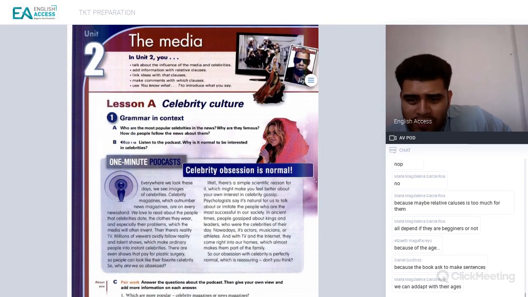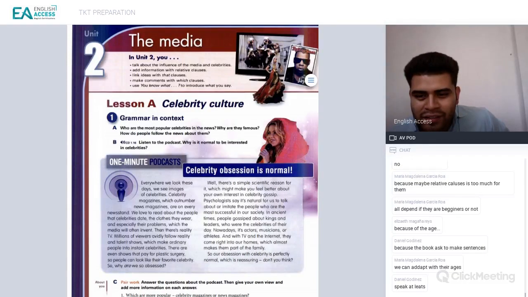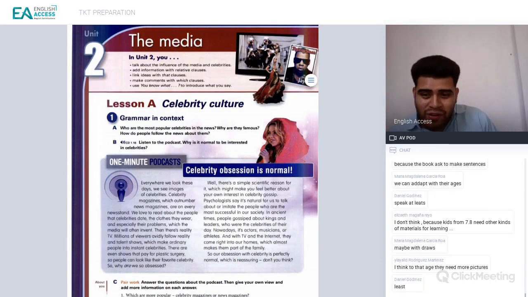The book asks to make sentences, so 7, 8-year-olds can't make sentences. Okay, speaking at least. Yeah, maybe they could speak. Yes, they can make some drawings.